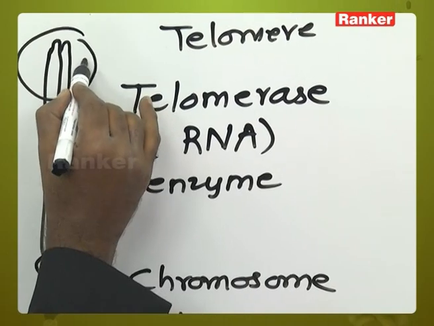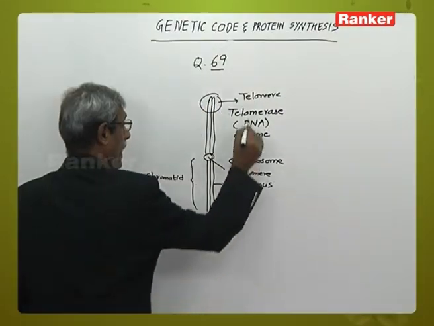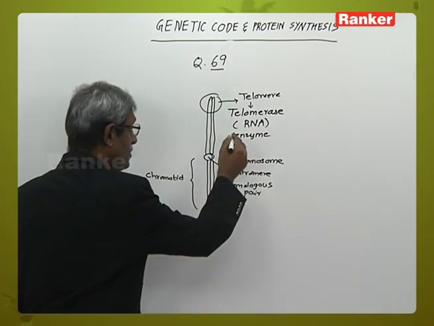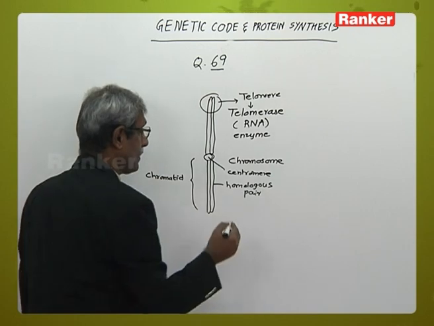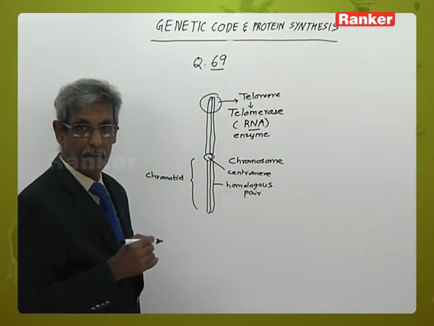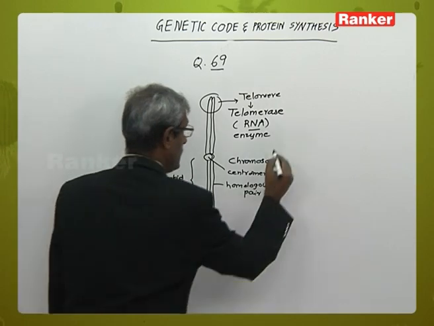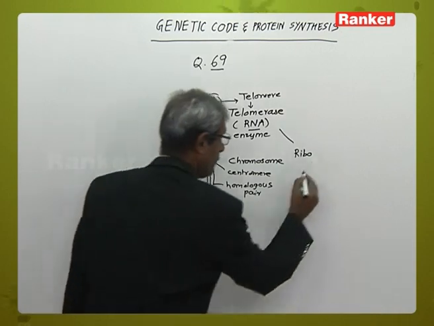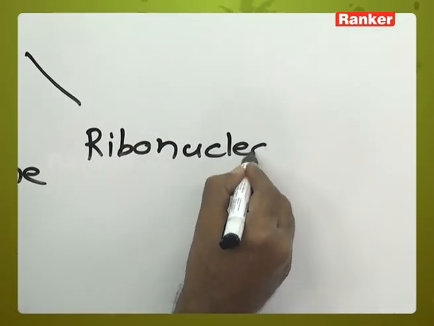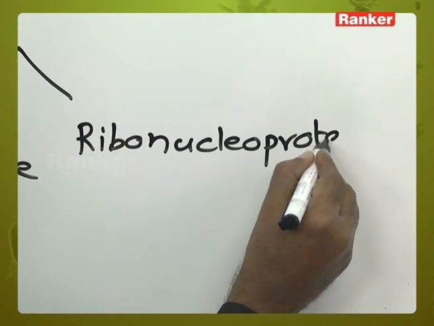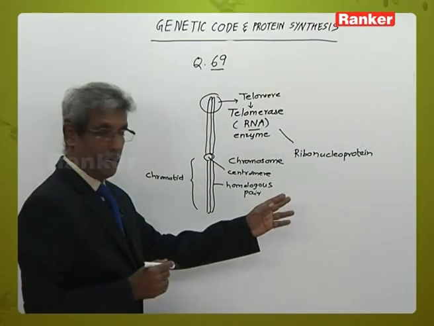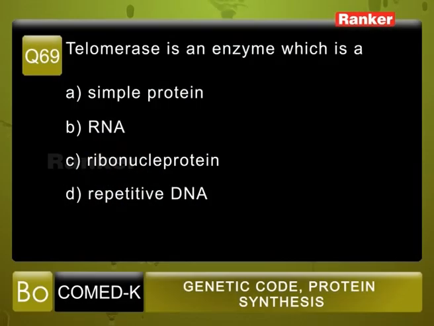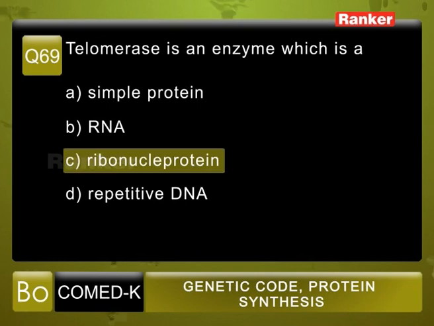The tip of the chromosome is called a telomere, and the telomere has the telomerase. And telomerase, because it is made up of RNA, is primarily a ribonucleoprotein. So it has a protein component as well as being integrated with the ribose. Hence the answer is C.